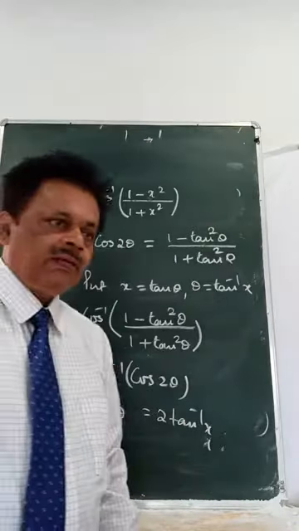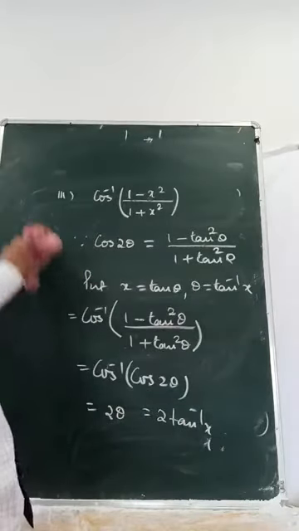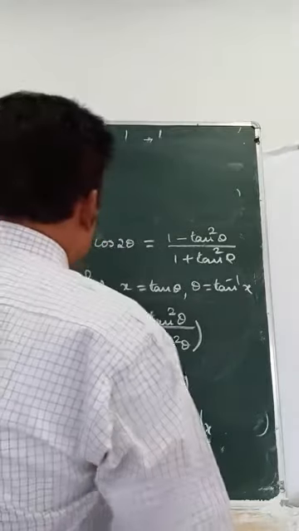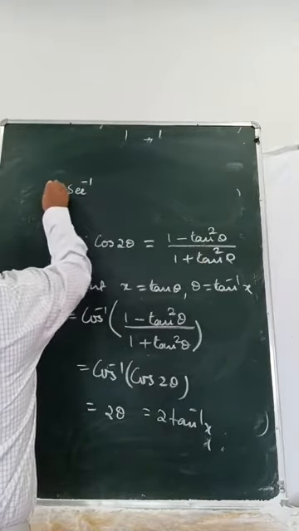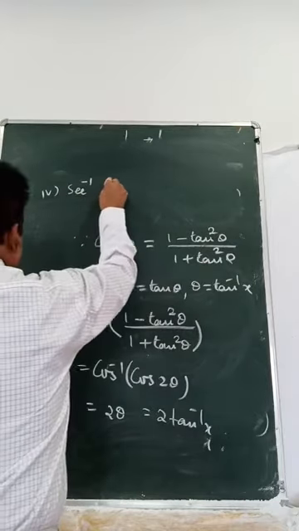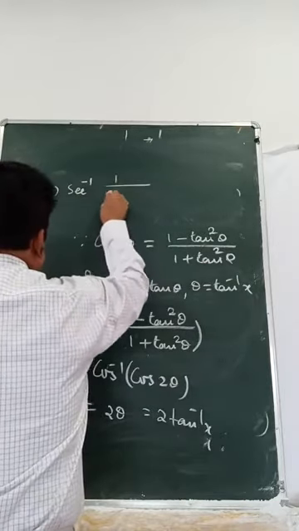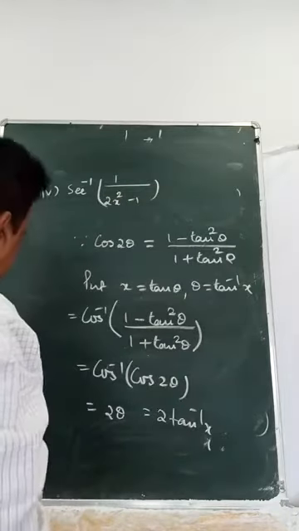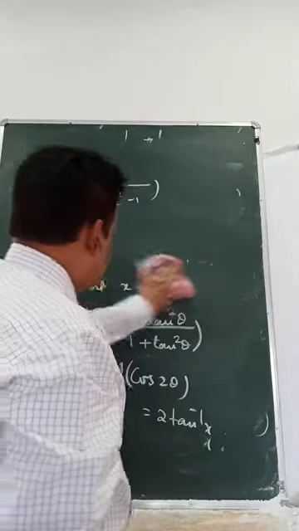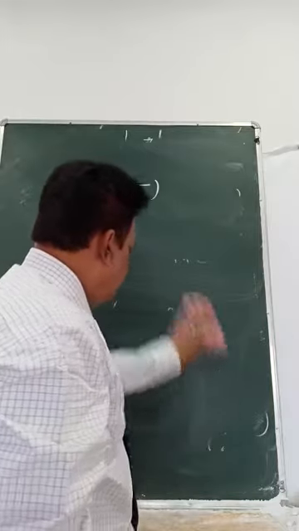Okay. Now let's change the question. Suppose I write sec inverse of 1 by (2x square minus 1). Okay, what is the clue?